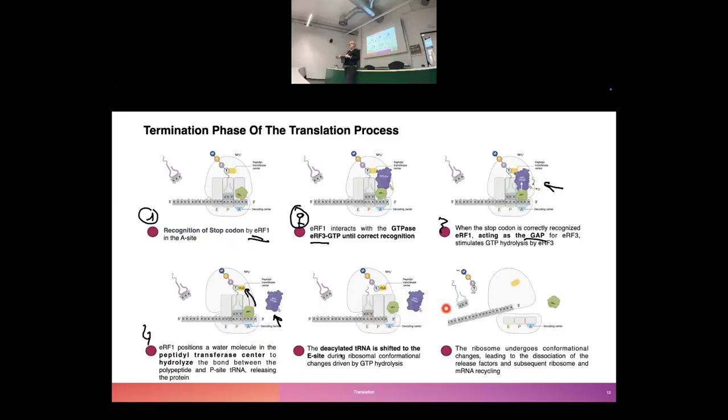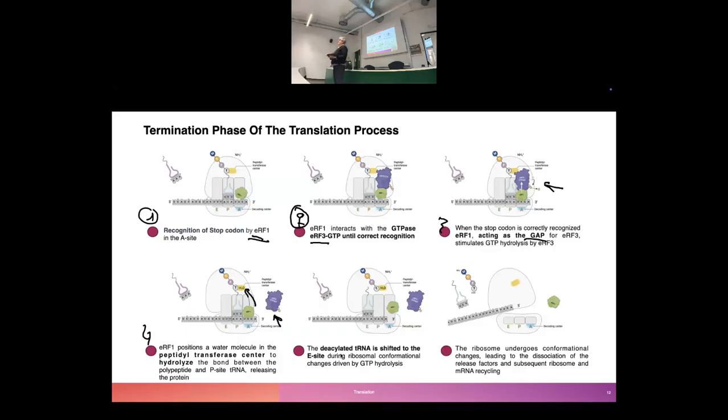And all this will promote the detachment, not only the release of the chain, but also the release of the interaction between the small ribosomal subunit and the large ribosomal subunit, and the release of the interaction with the mRNA.